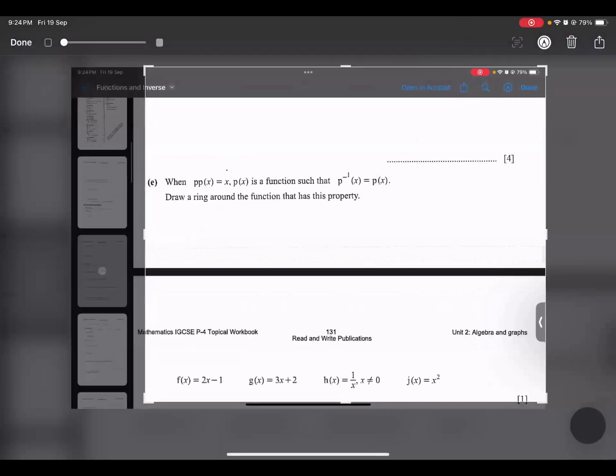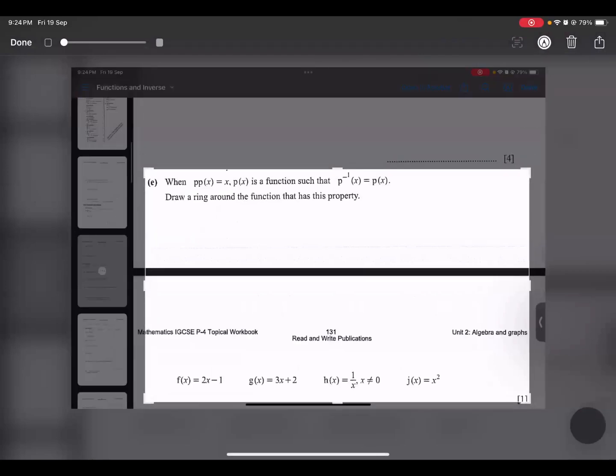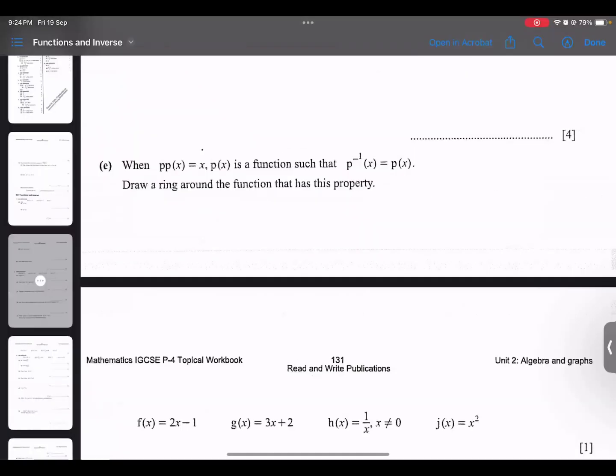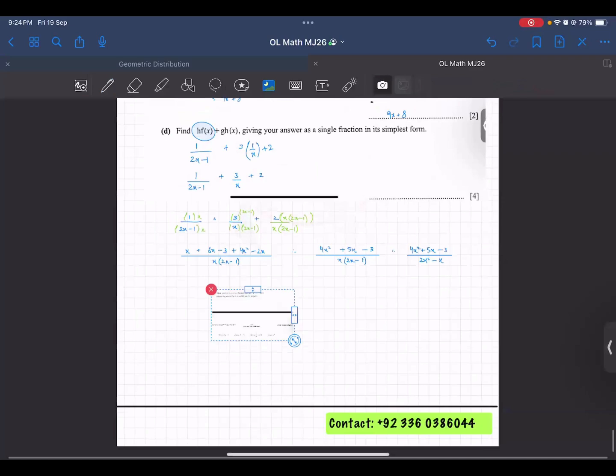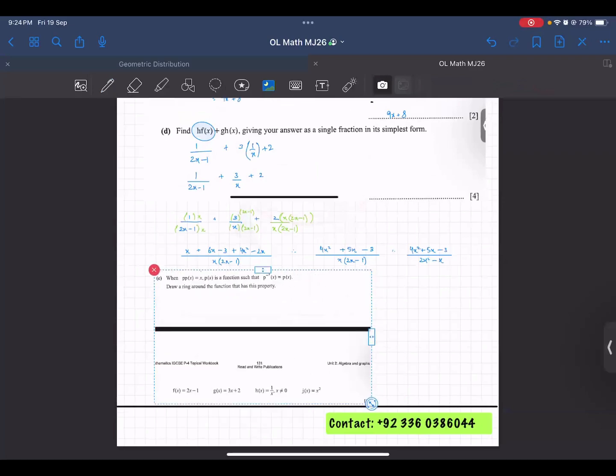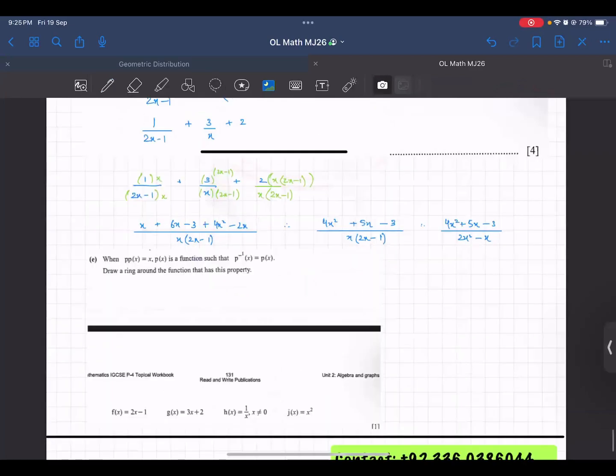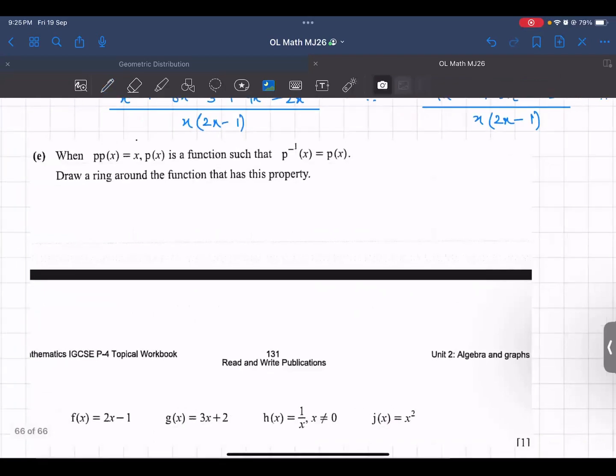They have told us that p(p(x)) is equal to x, and P is a function of that. P inverse is the same as the original function P. So which one of these four has the inverse same as its original function?